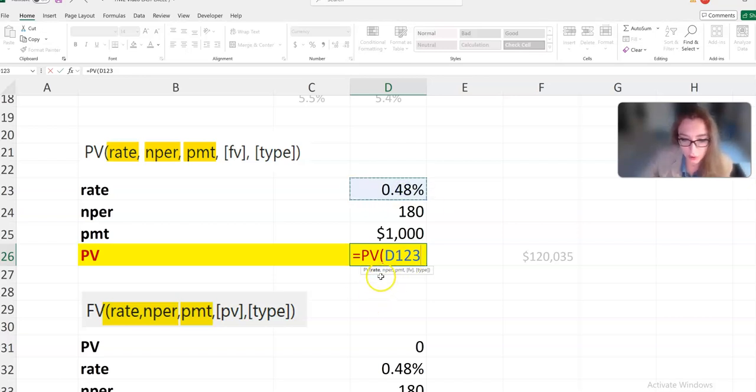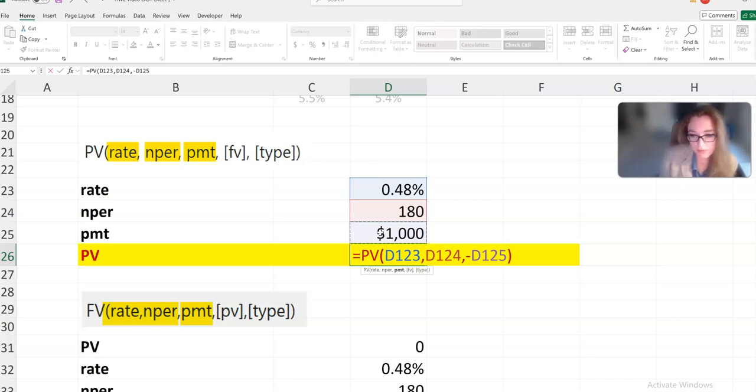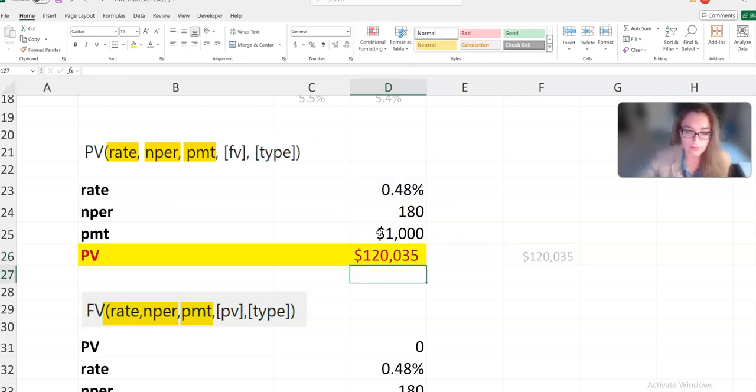Then we have comma, number of periods, comma, payment. We'll use negative payment. Doesn't matter right now, let's just say minus. Close the parentheses and press enter. Yeah, and we get the same amount, so we did everything correctly.